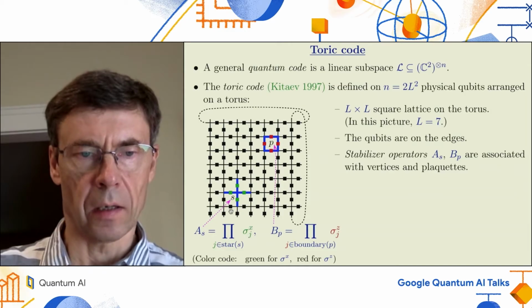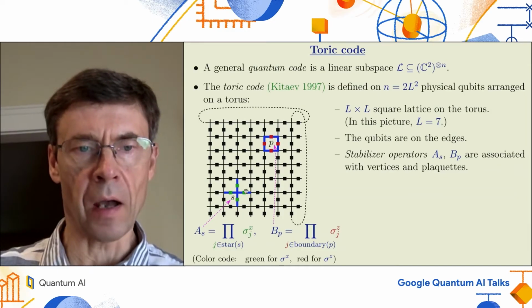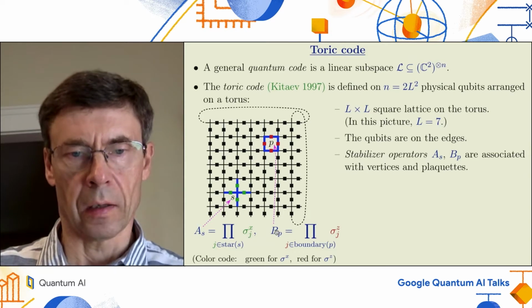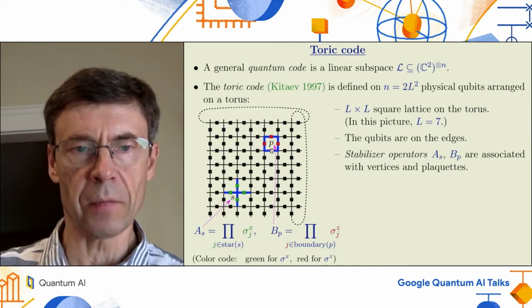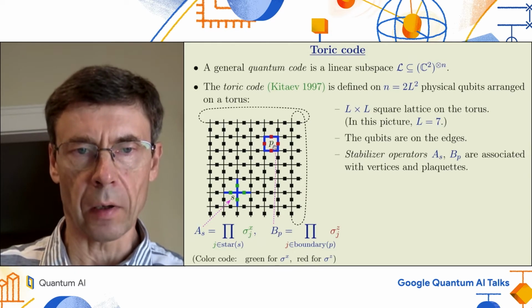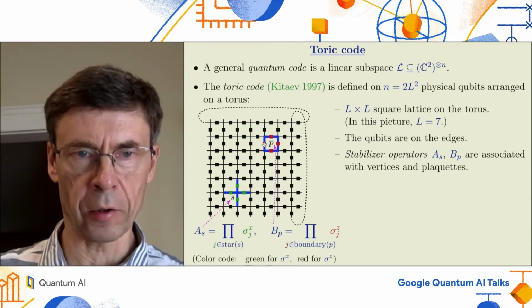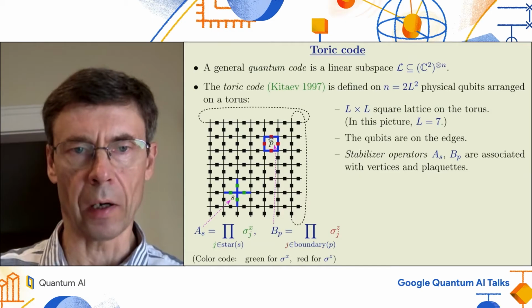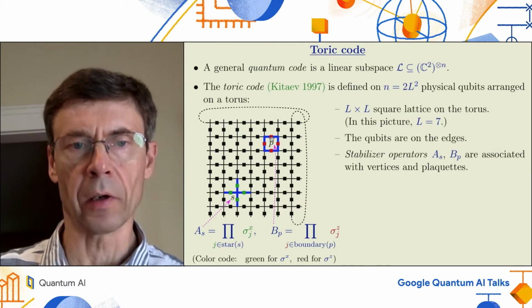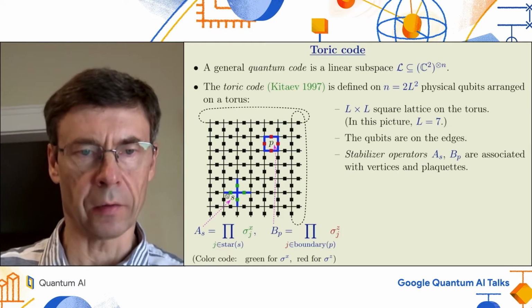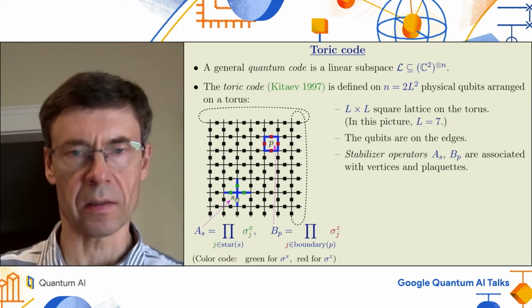A sub S is the product of sigma X around the vertex, and B sub P is the product of sigma Z around the plaquette P. The qubits acted upon are indicated by color. Red color stands for sigma Z, and green color stands for sigma X.